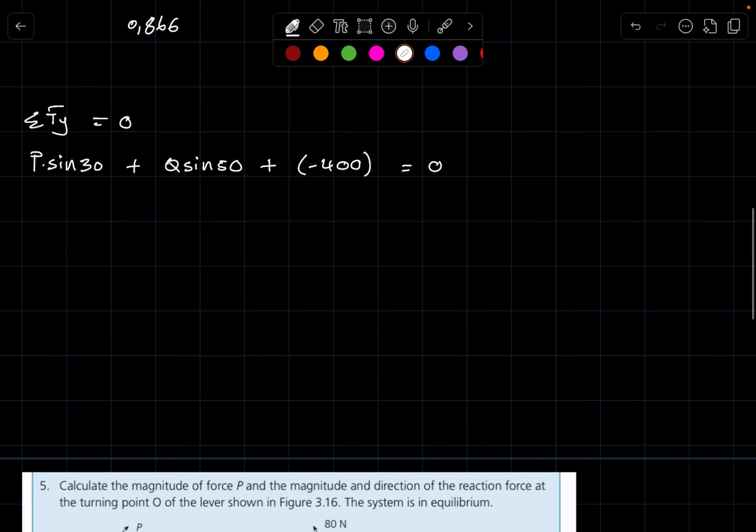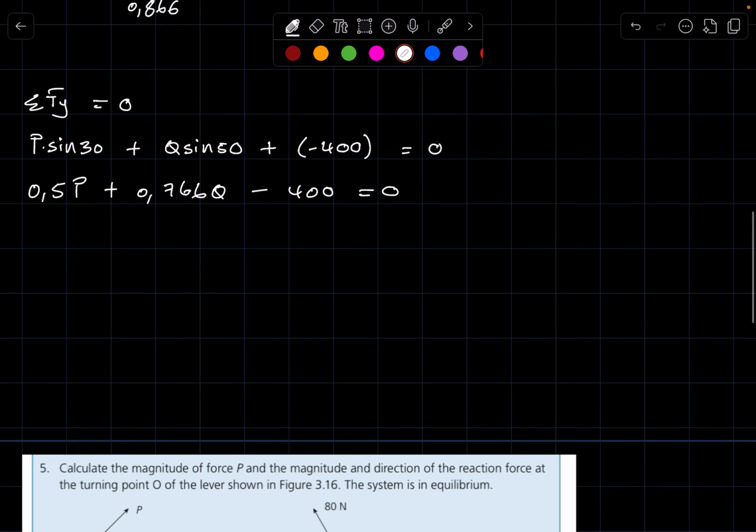Now, if you punch these in your calculators, sine 30 is 0.5. So this essentially will be 0.5 times P plus sine 50, that is 0.766 times Q, then minus the 400, which is equal to 0.